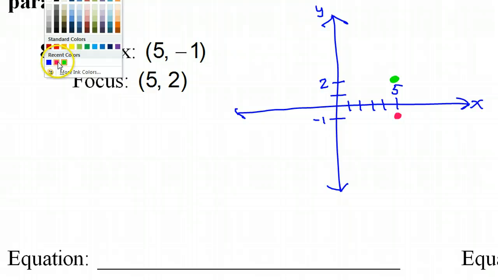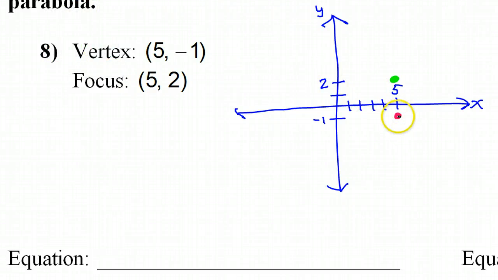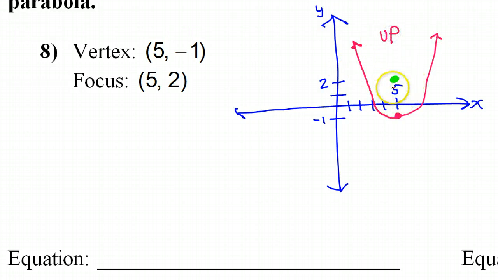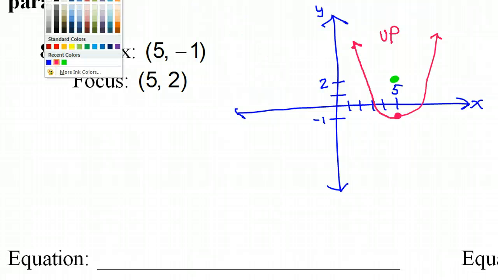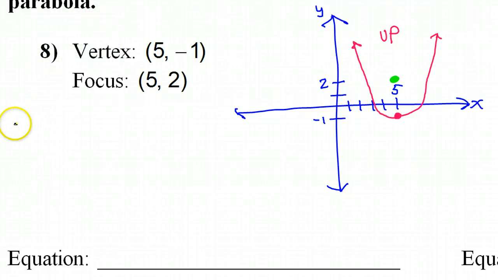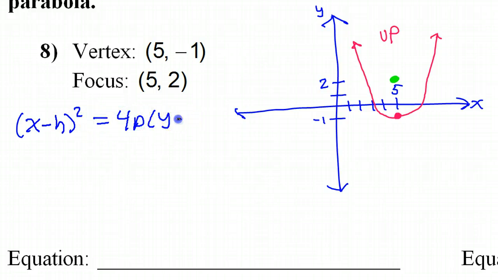First of all, that tells us that the parabola is facing up, all right, because it's going to be wrapped around this point, the focus. So this is going to be an upward facing parabola, which right away tells me that I need the x squared version of the parabola equation. So it tells me I'm dealing with x minus h squared is equal to 4p times y minus k.